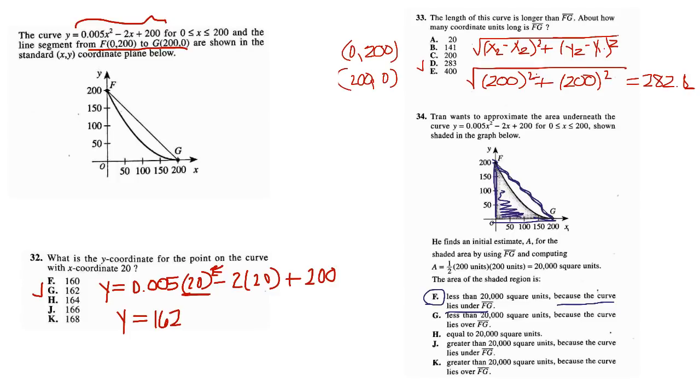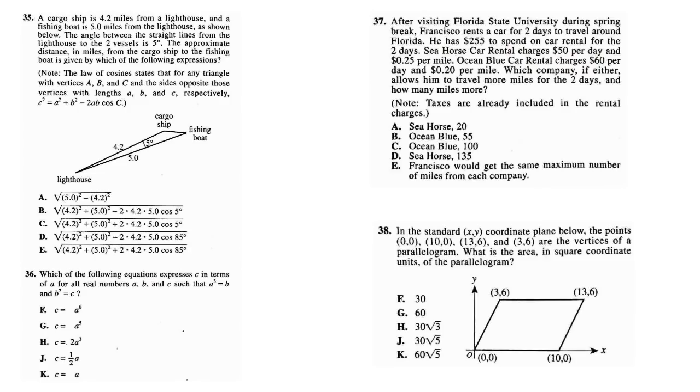It says less than 20,000 square units because the curve lies over FG. Well, the curve's not over FG. We see that they cannot be equal, and we see here J and K, that shaded area cannot be greater than the area of the triangle. So our correct answer should be F.